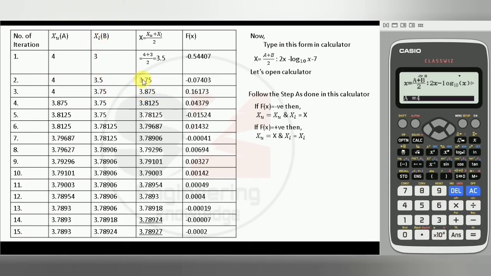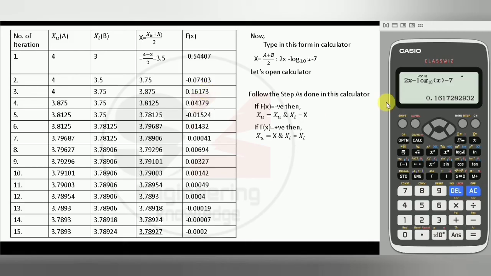So equal to, then we have to write the value of a as 4 and the value of b as 3.75. In this way it will show this value 3.875, then press equal to, then it will show this value 0.16173, then write this value in the copy.